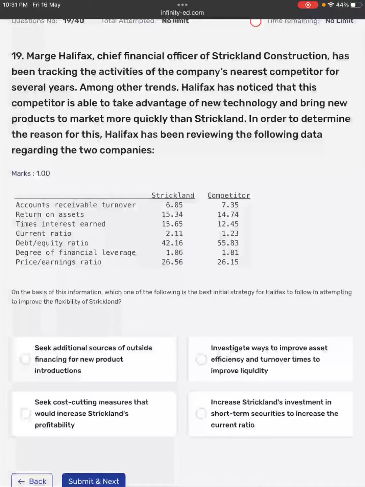And debt to equity ratio, that is financial leverage: Strickland has 1.06, and the competitor has 1.81. In this case, the competitor uses more leverage, right? Potentially more aggressive in funding innovation and growth.